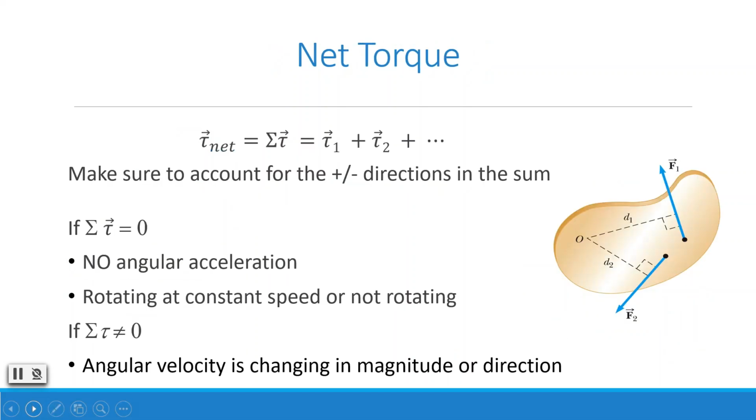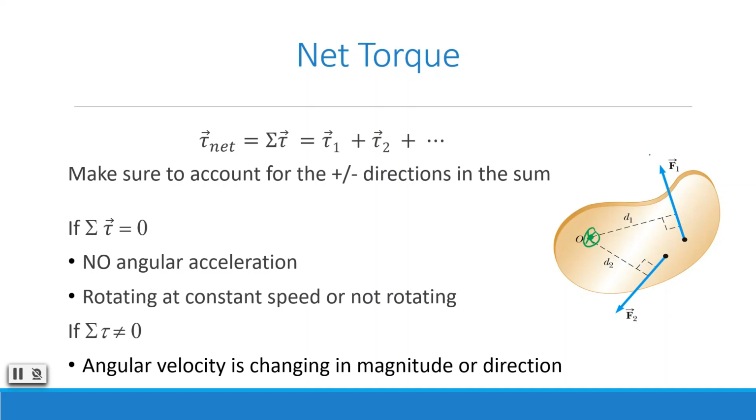And this is just a reminder of the formula for how you can do those calculations in 2 dimensions. You can also therefore have net torque, just like we have individual forces. If multiple forces are acting, you have a net force. I can have multiple torques acting. So for example, if I have this random object here and point O here is my axis of rotation, and I'm applying these 2 different forces, you could find the torque due to the first force and the torque due to the second force and add them up.